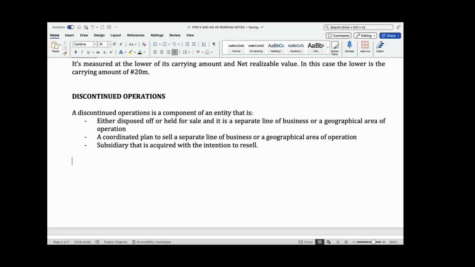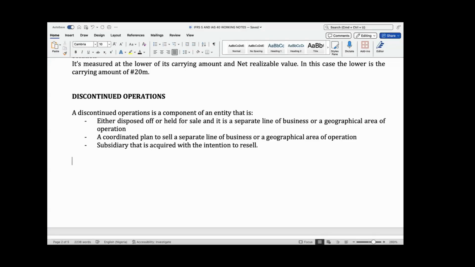Now, having a discontinued operation, yeah, Latif, I can see your hand, please. Go ahead before I make my next point. Okay, sir. The third one that you just said, it could be a subsidiary that is acquired with the intention to resell.